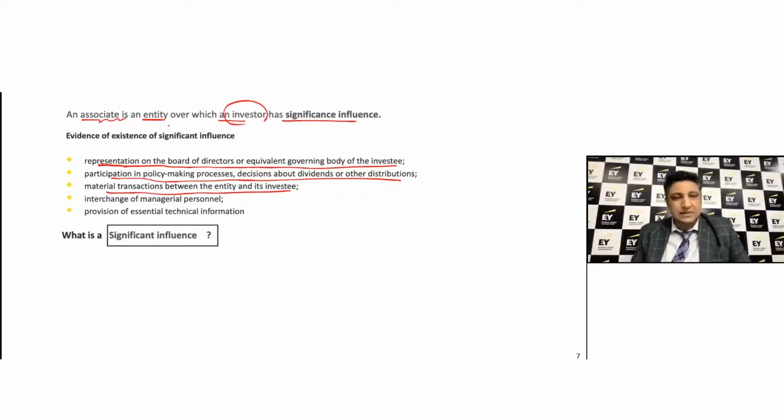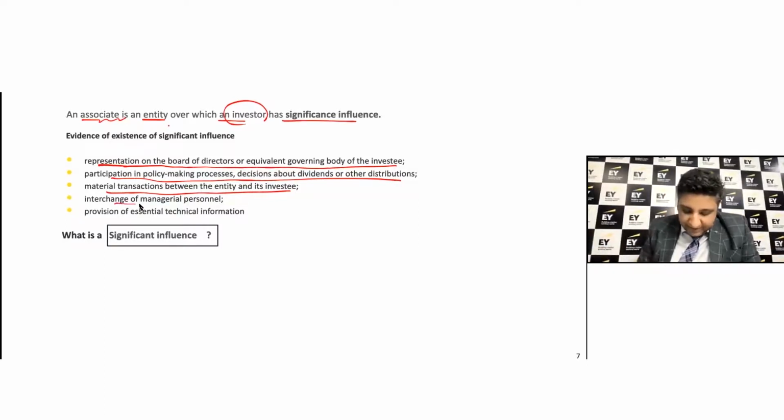Sometimes we may say that independent directors do not really participate. They are merely watching, merely understanding. So they are present from a protective perspective, to have protective rights available. They're not exactly participating. So they may not directly influence, or even control, from that perspective.